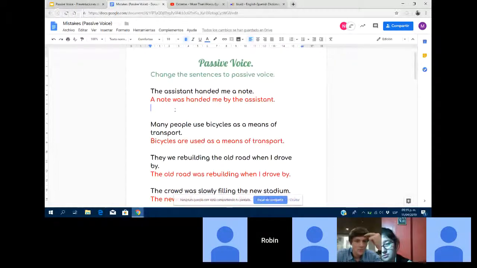So by turns. Firstly, Carolina, what do you think is the right one, and why is it wrong, or what can you tell me? I will say the assistant handed me a note.